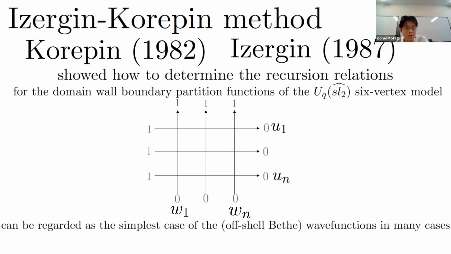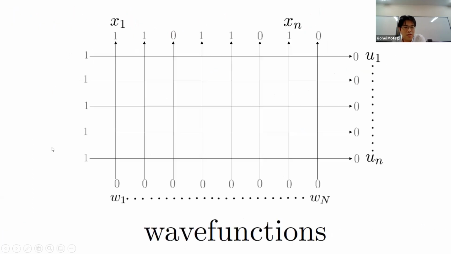Korepin and Izergin dealt with this kind of partition function, and this kind of partition function can be regarded as the simplest case of what people call the off-shell Bethe wave functions of the XXZ spin chain.